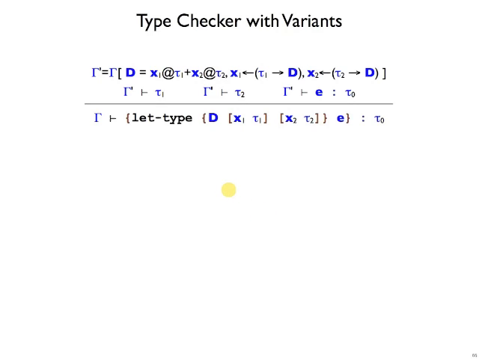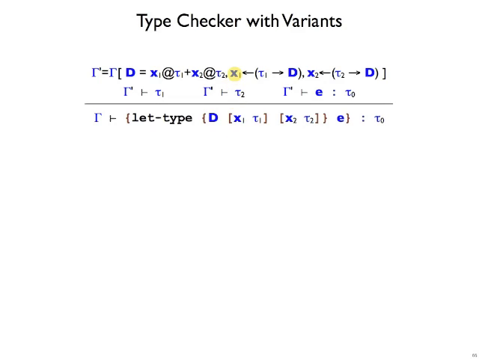This is the mathish notation for type checking a let type form, and it shows the various things we need to do. The first thing you see at the top is we take the current type environment and extend it to get gamma prime by adding in the information that D has variants x1 and x2 with field types tau1 and tau2. In addition, in this expression, you might use x1, and you use it the same way as a function.